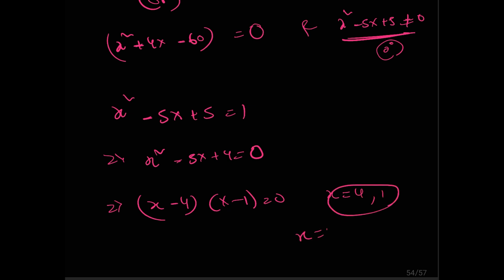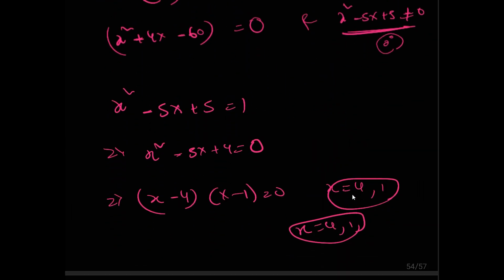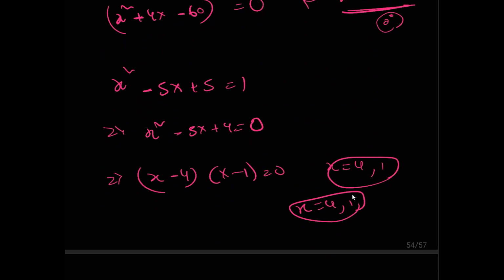For x equals to 4 comma 1, it will satisfy the equation. Now for the second part, x square plus 4x minus 60 should be 0.